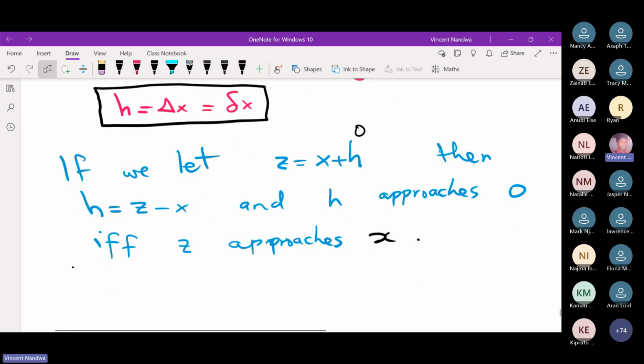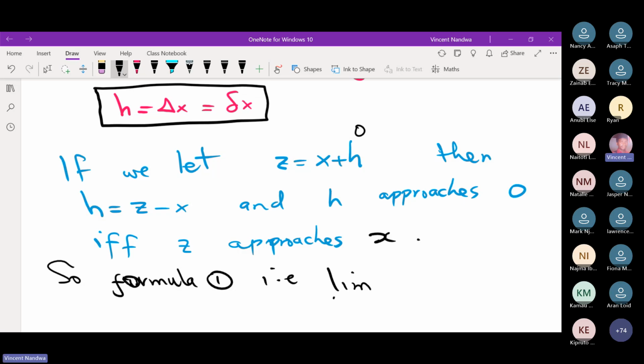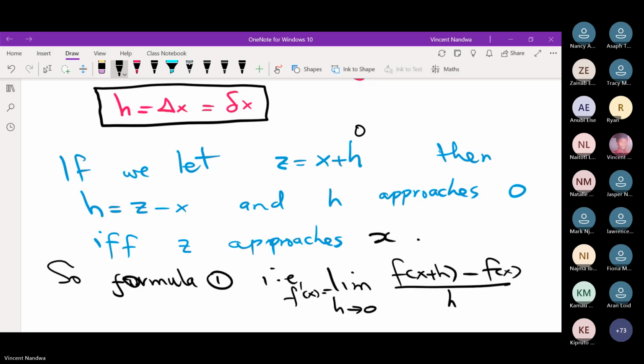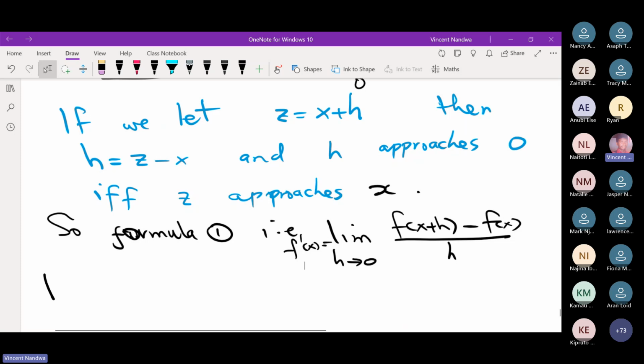So formula 1, i.e. the limit as h approaches 0 of f of x plus h minus f of x divided by h, which is the derivative f prime of x, becomes: f prime of x is the limit as z approaches x, since h approaching 0 means z approaches x.